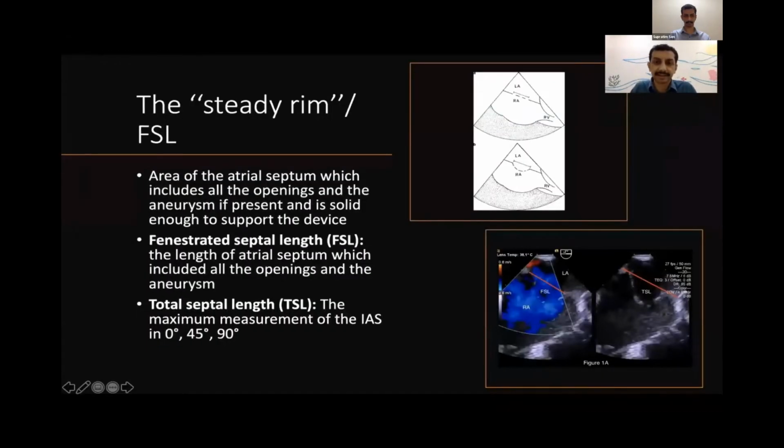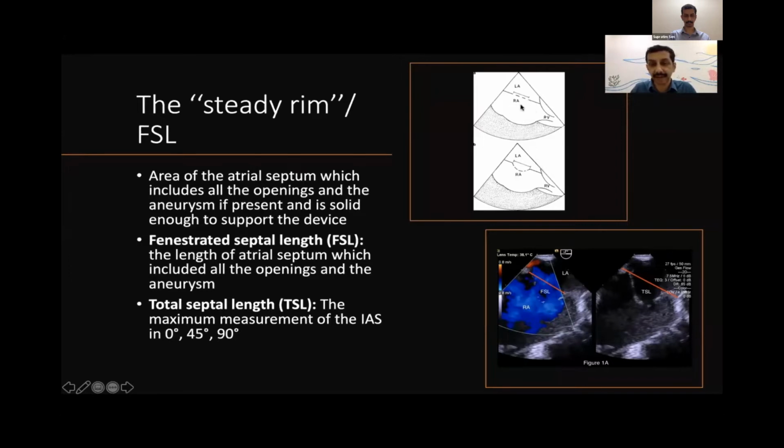And when we size this device, we have to take into account a concept of the steady rim or the fenestrated septal length. So authors have described the steady rim as the area of this atrial septum, which includes all the openings and the aneurysm and is solid enough to support the device.